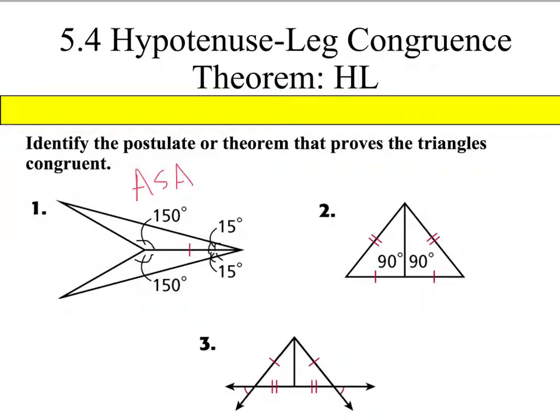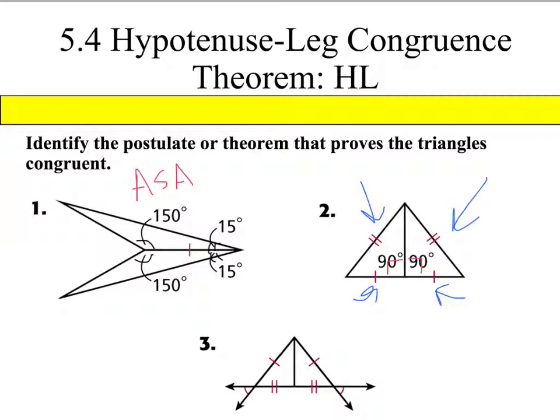Excellent. Okay, next one, we have 2 90-degree angles. We have 2 sides that are congruent. What properties could we use? Well, our 90-degree angles are right here, which means what does that tell me about this side? Well, that's our hypotenuse. So we have our hypotenuse congruent. Our legs are also congruent.